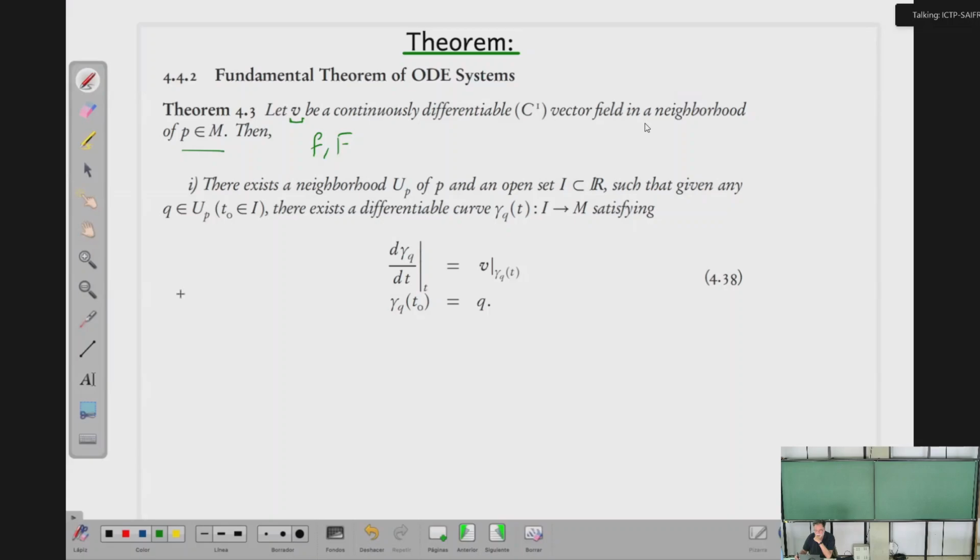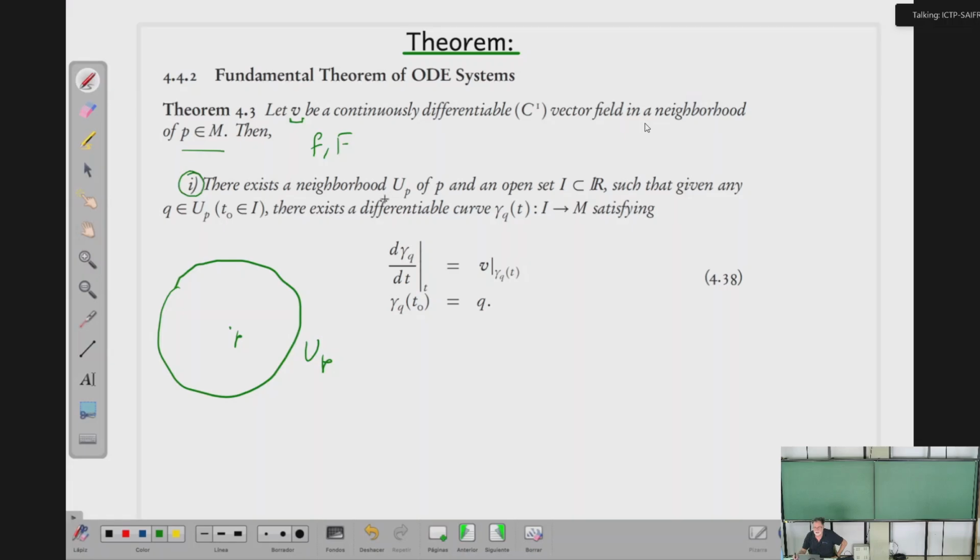So we have some neighborhood of this point, and we want this vector field to be differentiable. Okay, then there are several things that this theorem will tell us.